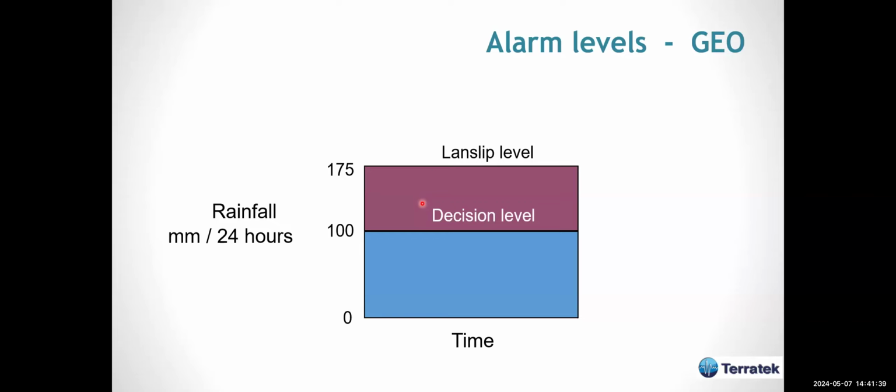And this is a difficult situation in the beginning. If you don't have experience before, how can you issue an alarm? And if you do issue an alarm and nothing happens, the system loses credibility. So in order to have a credible system, you must have experience and meteorologists looking at that much more than geotechnical engineers.